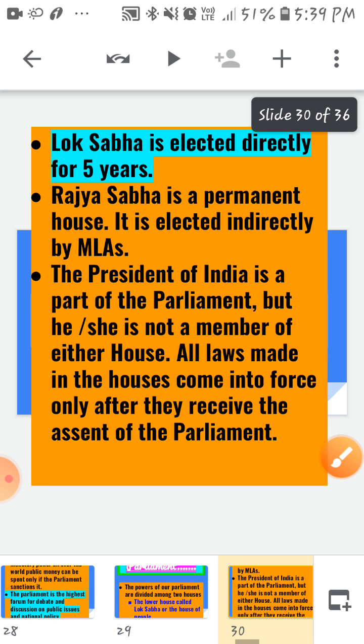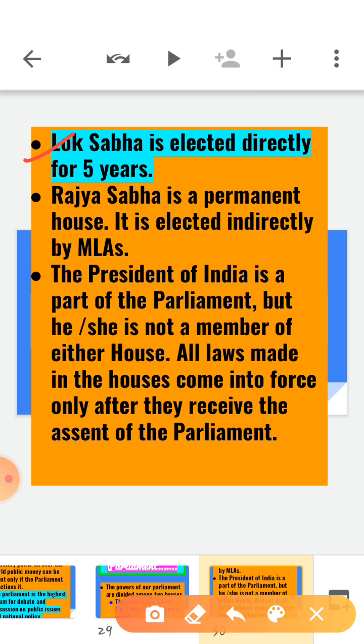Now, Lok Sabha is elected directly for 5 years, and Rajya Sabha is a permanent house and it is elected indirectly by the MLAs. Now the President of India is a part of the parliament although she or he is not a member of either house.